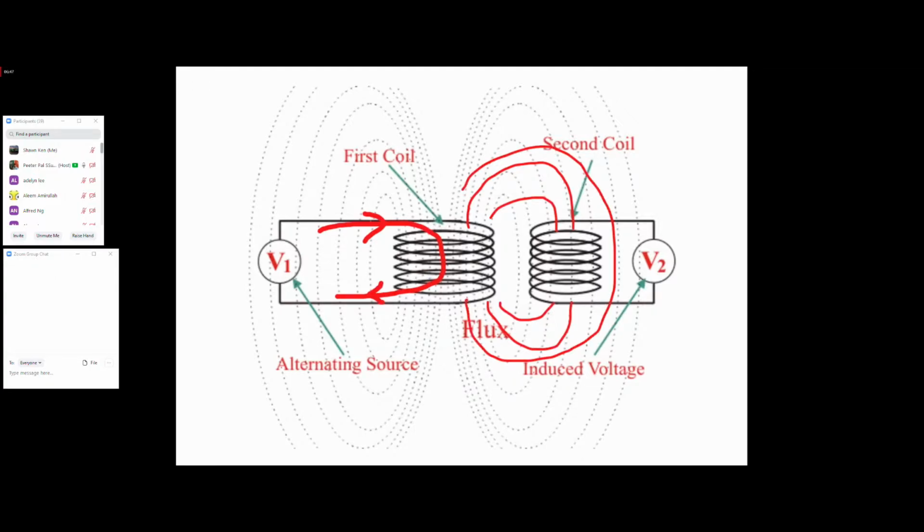The secondary coil is in the region of the electromagnetic field. So the secondary coil constantly undergoes changes of flux, and it starts to produce its own induced current.